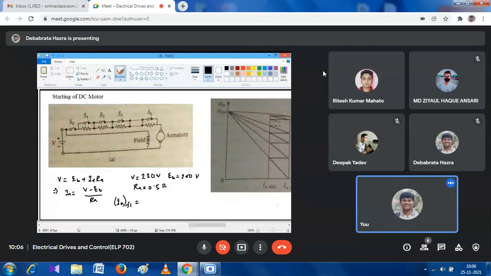This is 220 minus 200 by 0.5, sir. That means 40 ampere.